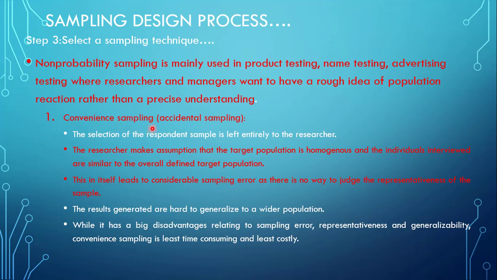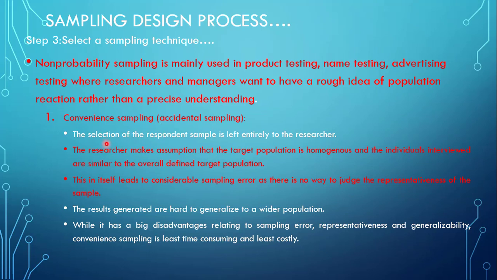So that is one assumption. But if the population doesn't have homogeneous characteristics, convenience sampling might not work, and you might face sampling errors if the population is not homogeneous. So that's the assumption.